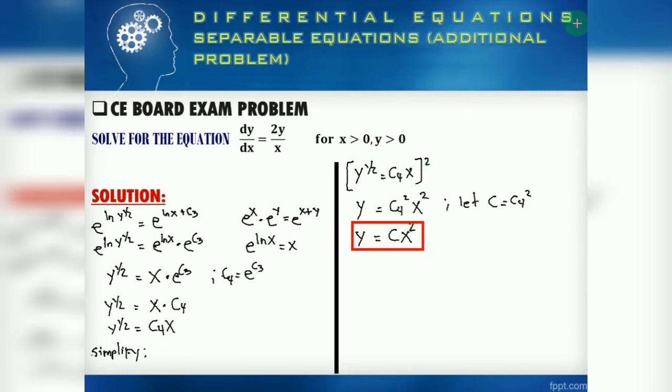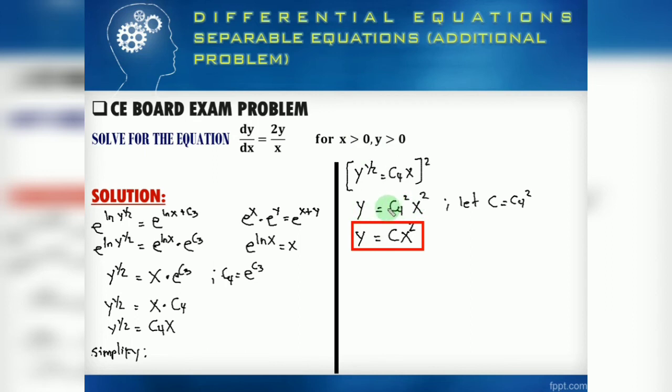So you may wonder why we are not using this x greater than 0 and y greater than 0, because first, we don't have an exact value of x, and also for y, we don't have an exact value of y. But if ever in our future problem x has an exact value, same also for y, you can substitute your x here and your y here, so that you can get your constant.